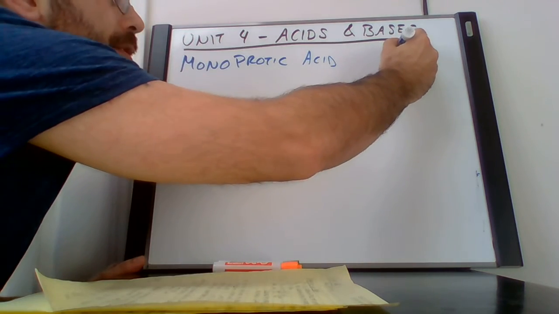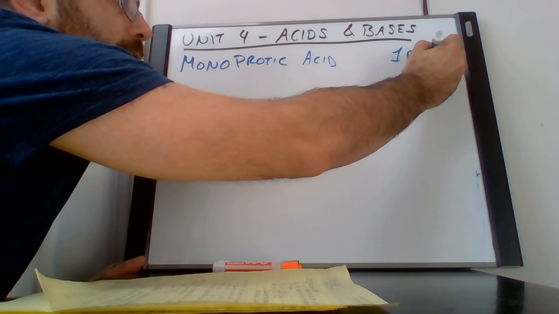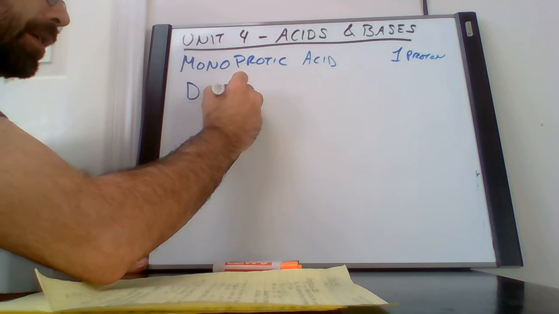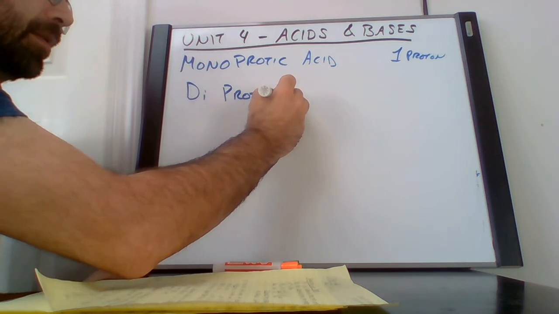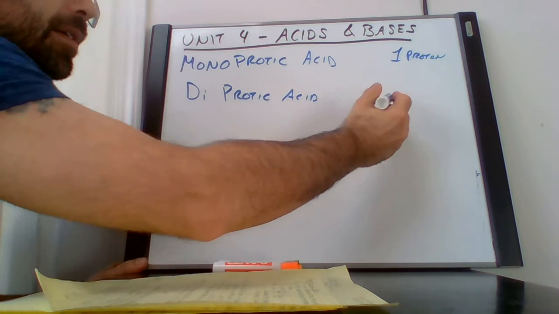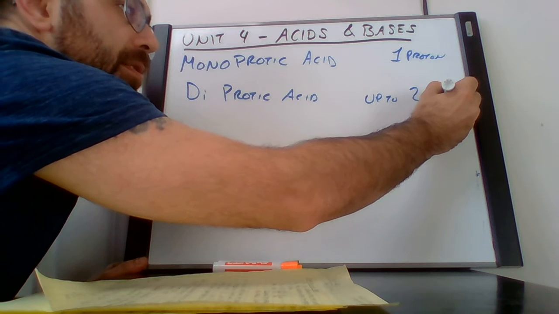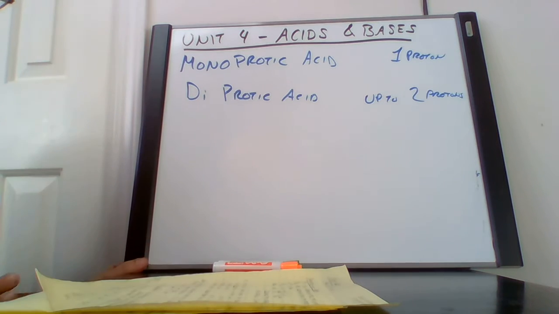And that can donate one proton. A diprotic acid can go up to 2 protons. Okay? It doesn't have to donate both. It can donate just one, but it has the ability to donate up to 2.